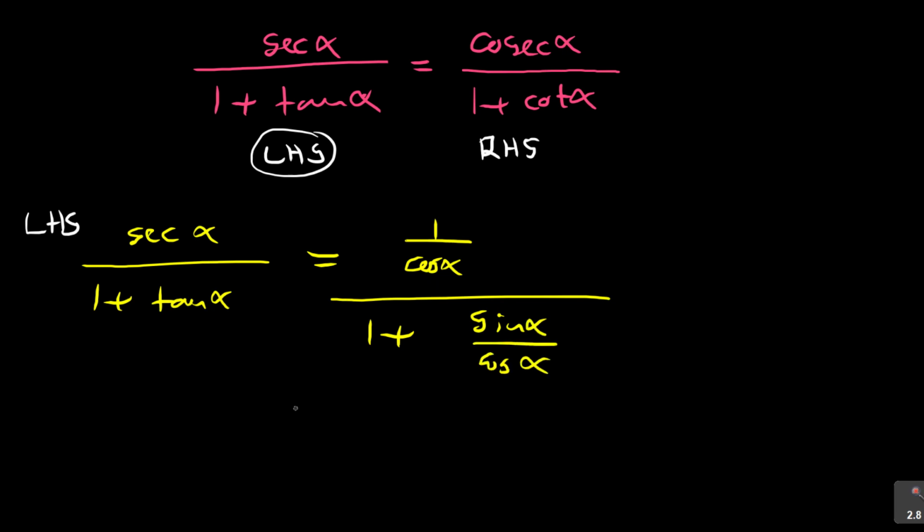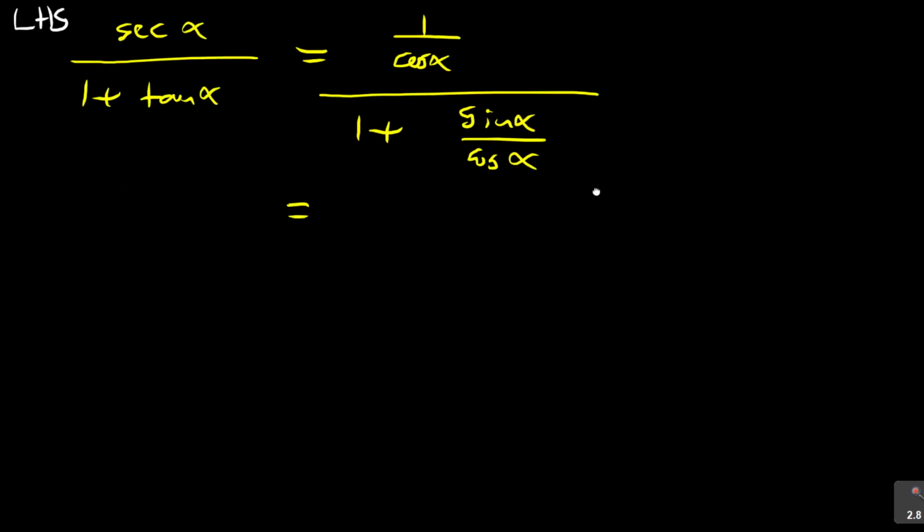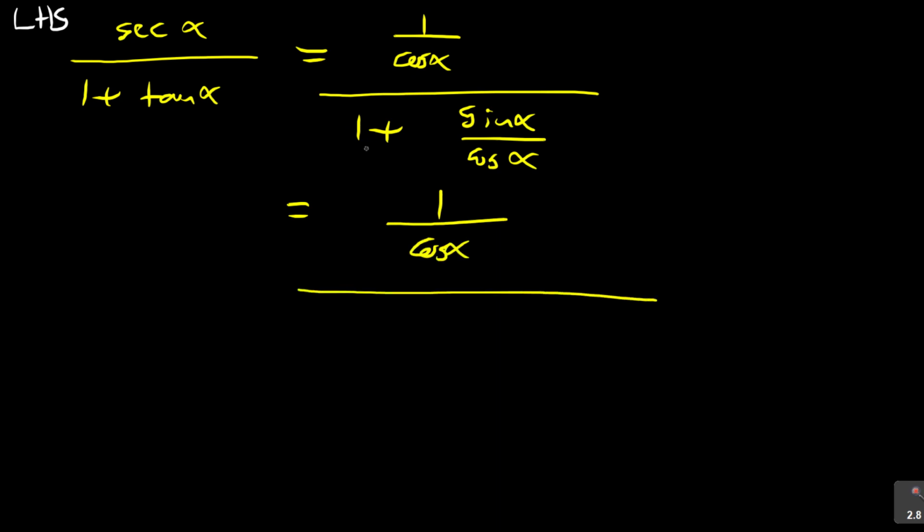At this stage, look at the denominator and make that a single fraction: 1 plus sine alpha over cos alpha.